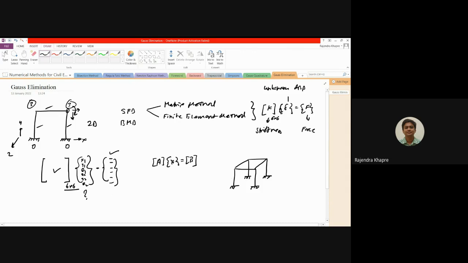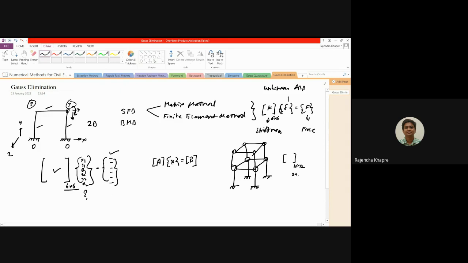If you analyze the entire structure, there will be 3 degrees of freedom at each of the four joints, so this equation will have a 12 by 12 matrix. On the same structure, if you go for one more floor, it creates further degrees of freedom, and ultimately this matrix will be exactly double that.